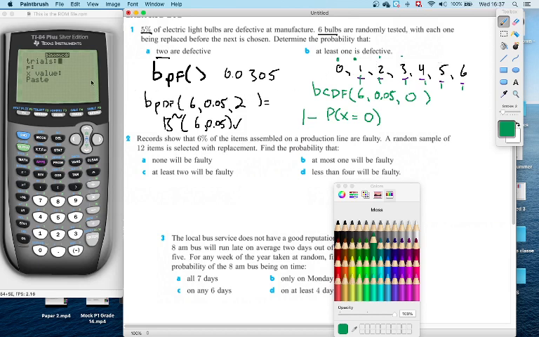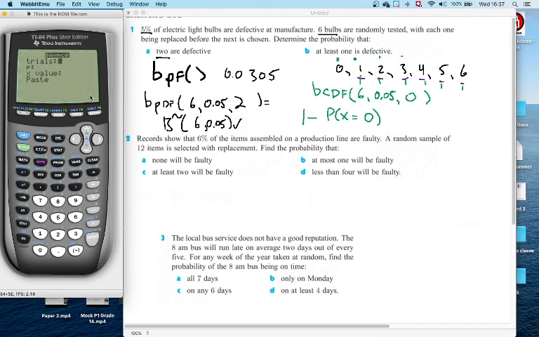Okay, so let's just see what happens in our calculator. We have 6, 0.05, and our x value is 0. Okay, so if we enter that, what it's doing is it's adding up all the probabilities up to 0, which is only 1.